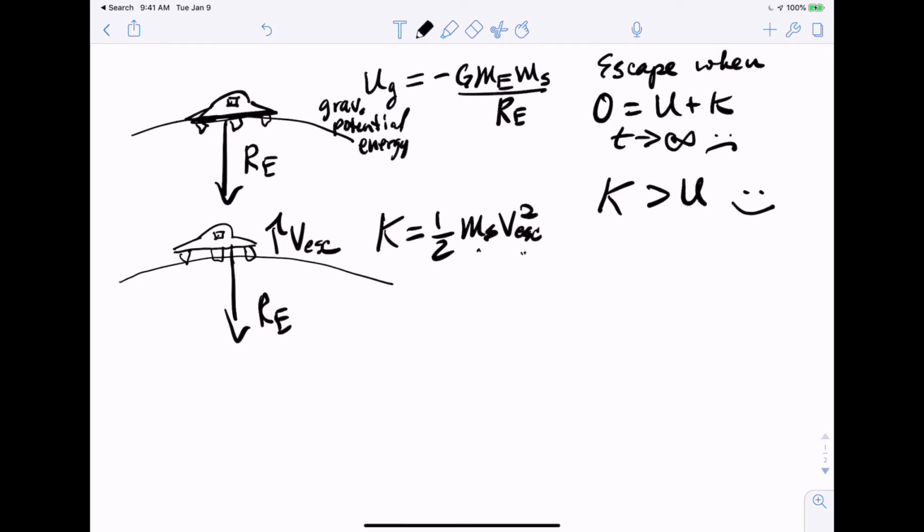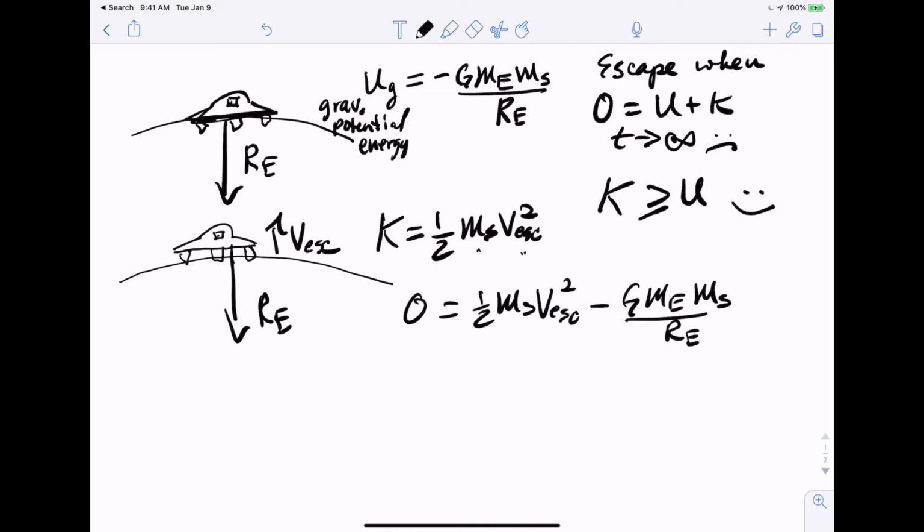But for this derivation, let's figure out the minimum speed. Let's just say that K needs to be exactly equal. So let's just say that the sum of the two, that what I'm really saying is 0 is going to equal 1/2 m spaceship v escape squared minus big G M_E M_S over R sub E. But I know that I want the sum of them to be 0, so I can just take this thing and move it over to the other side.